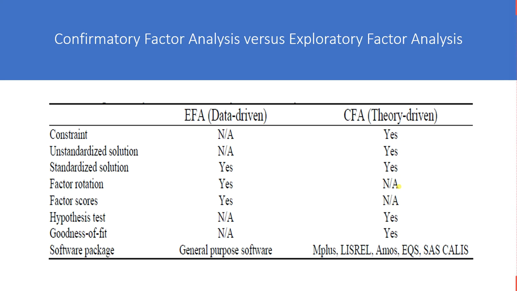As far as the software is concerned, the general purpose statistical softwares generally have one module for doing exploratory factor analysis. But confirmatory factor analysis is generally not part of the general purpose statistical software, though nowadays some of the softwares are including confirmatory factor analysis also.